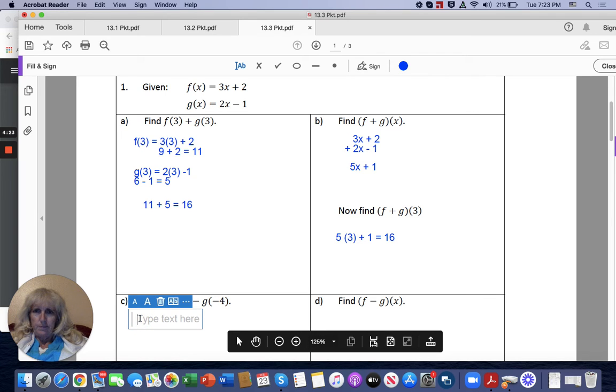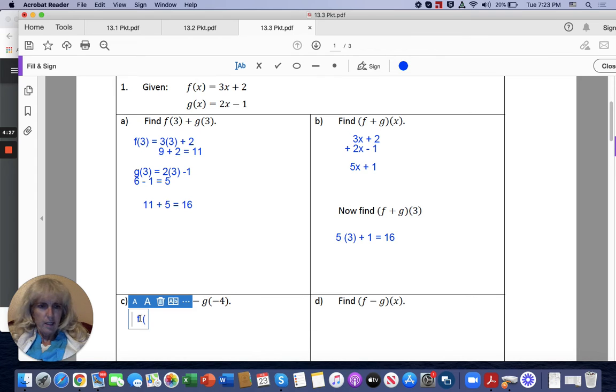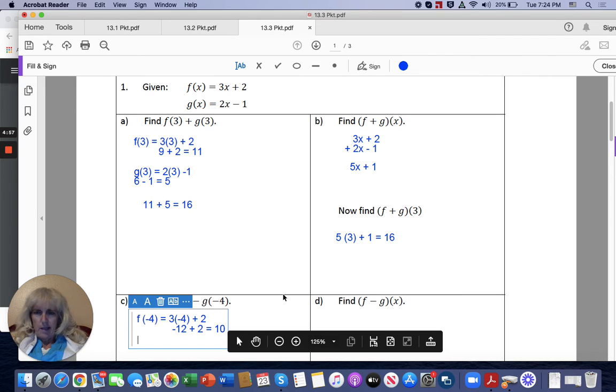So we get right here f of negative 4 equals 3 times negative 4 plus 2. And we know that is going to be negative 12 plus 2, and that equals negative 10. Okay, so that's f of negative 4.